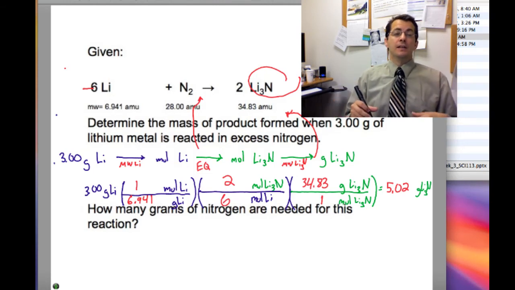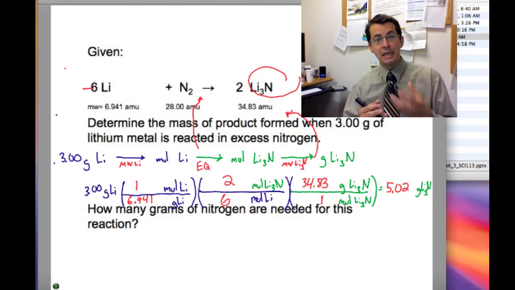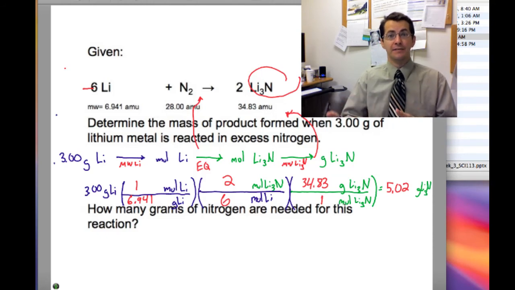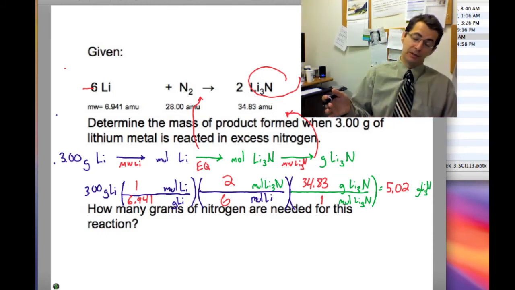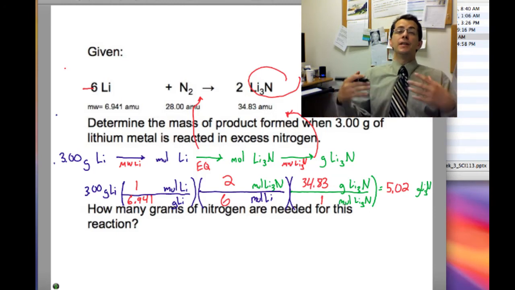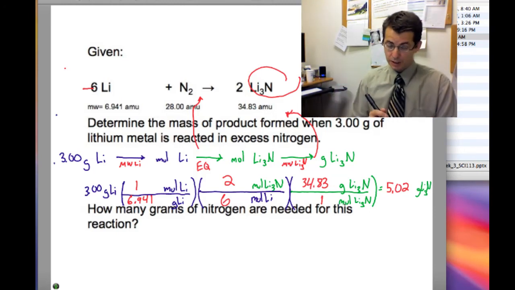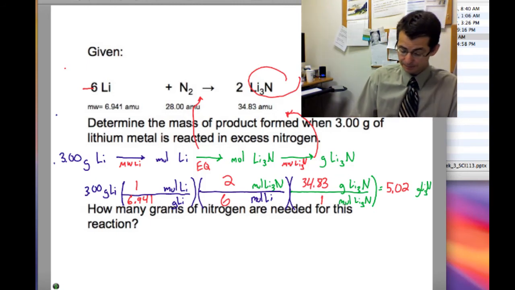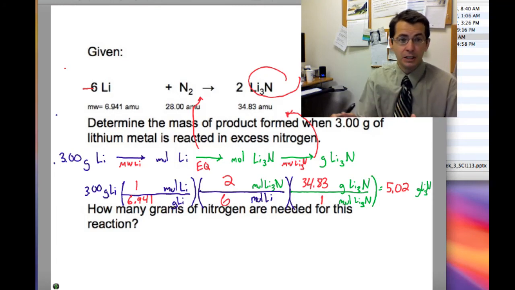For instance, how many grams of nitrogen are needed to complete this reaction? If we were asked how much nitrogen was left over, or if we're in a chemical plant trying to figure out how much material we need to buy, this is a very germane question. So, how many grams of nitrogen are needed for the reaction? Again, map out the prediction that you would use.